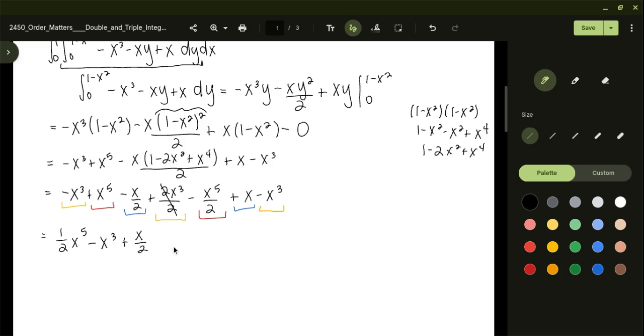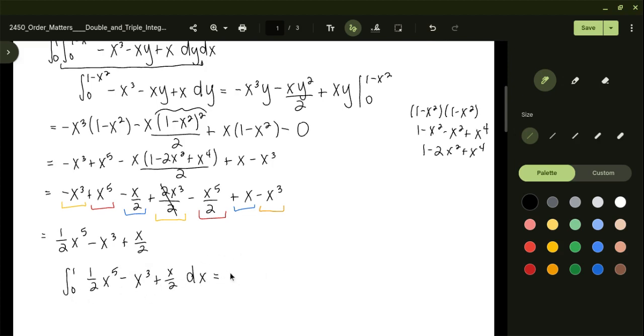All right, so now we're not done yet. We're going to replace our integral with respect to y with this new expression and copy what we had left. So our bounds we still have are 0 to 1. And then our expression is 1/2 x⁵ minus x³ plus x over 2 with respect to x.